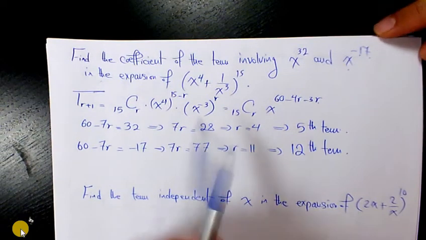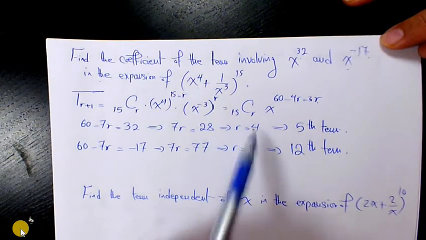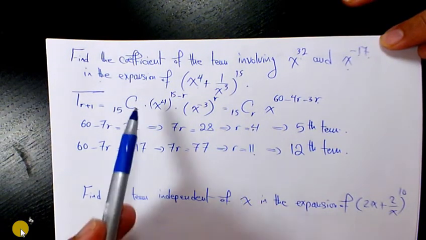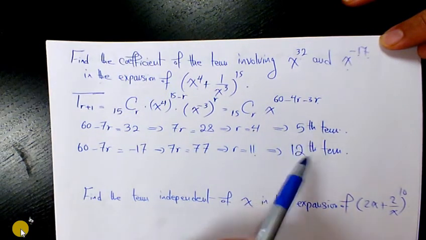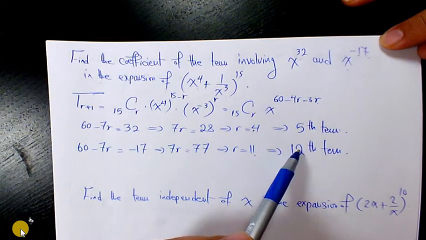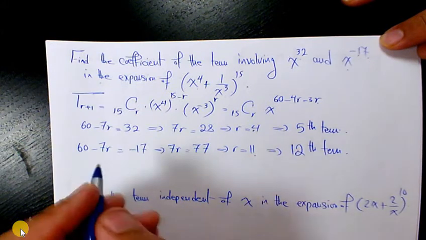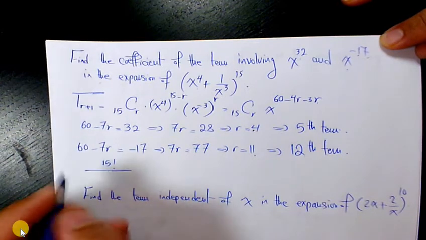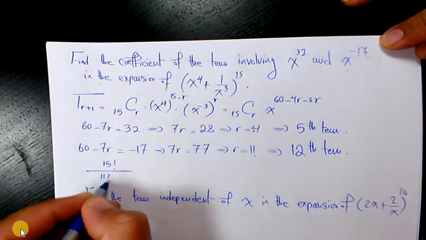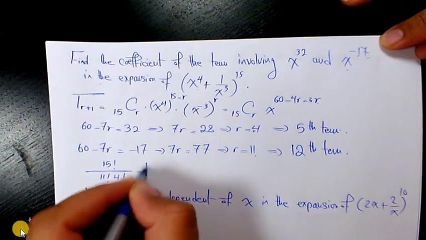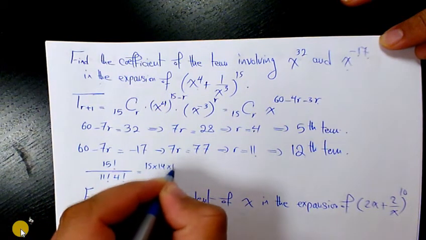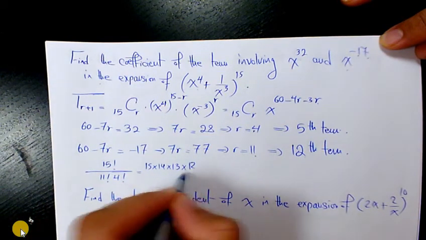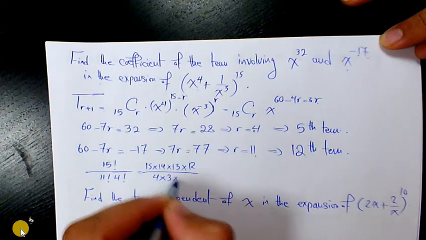So in that case, since 4 plus 11 is 15, it means that the coefficients of these two terms are the same, which will be 15 factorial over 11 factorial 4 factorial, which is going to be 15 times 14 times 13 times 12 divided by 4 times 3 times 2.